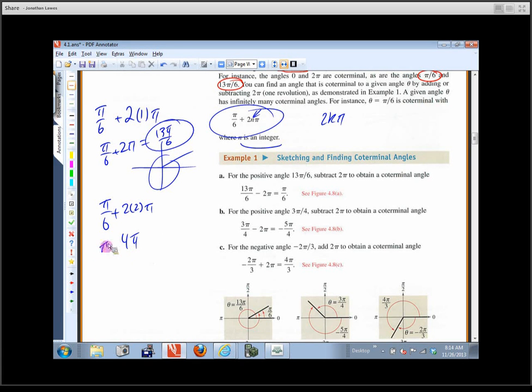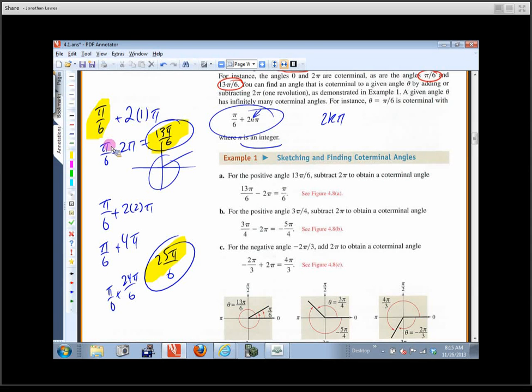And if we add that to pi sixths, so the hard part about this, the thing that people struggle with for the most part with radians, is fractions aren't our favorite, and yet you've got to do fractions to do radians really well. So 4 pi is going to be 24 pi sixths. So when I add those together, I get 25 pi sixths. So all of those are coterminal.